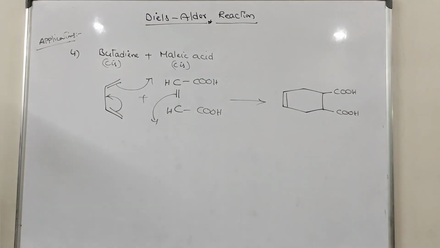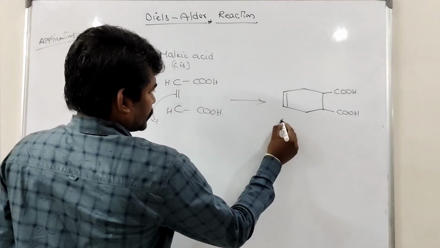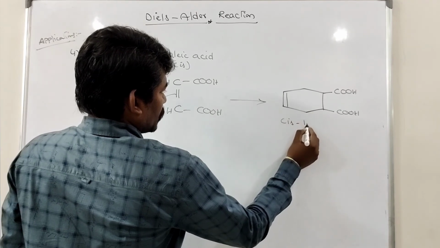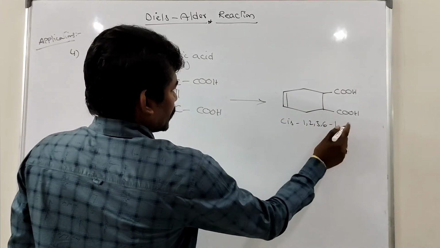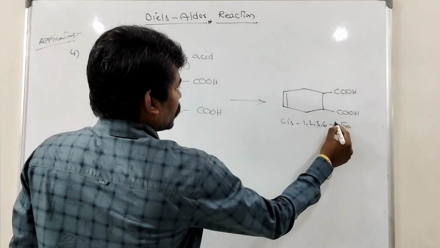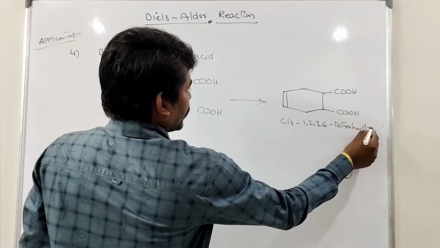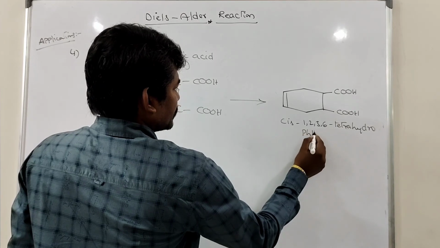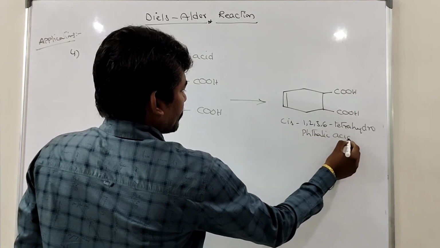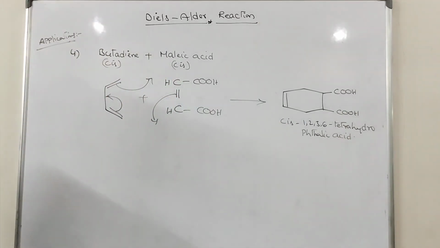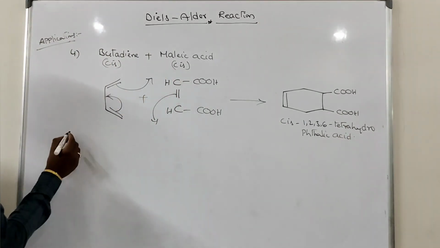Such an adduct is known as cis-1,2,3,6-tetrahydrophthalic acid. Both are cis.